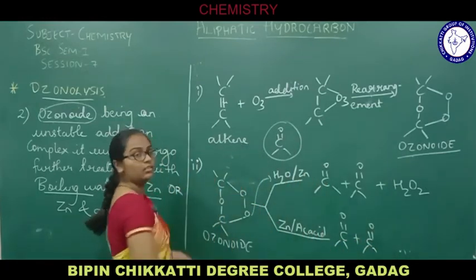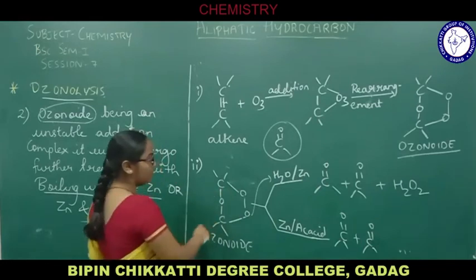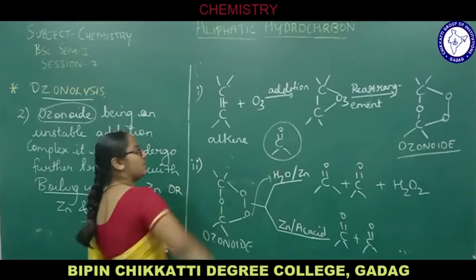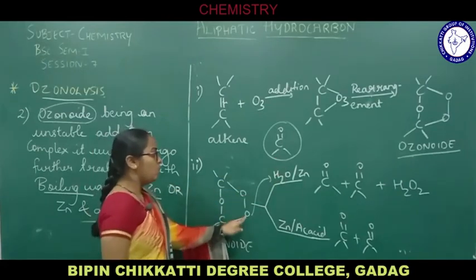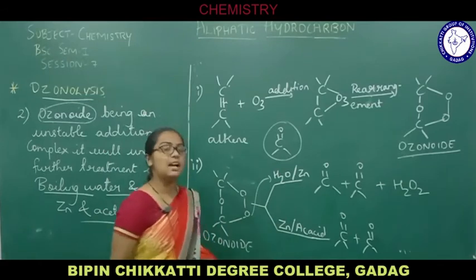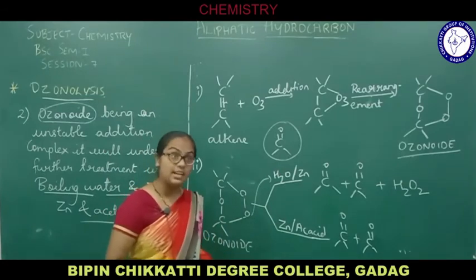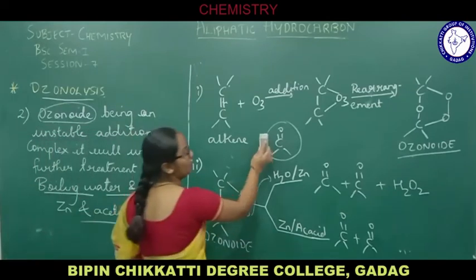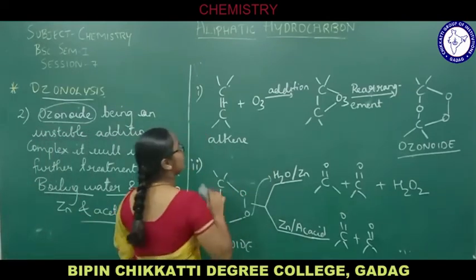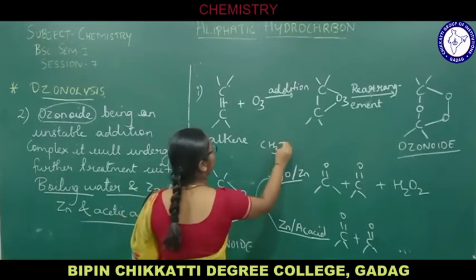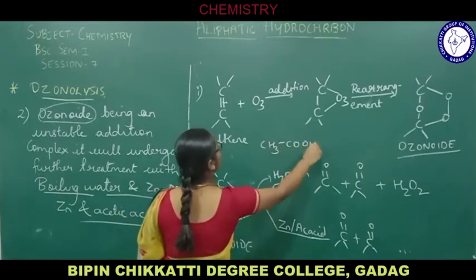The cleaving, the breaking of bonds, takes place in such a way that two carbons along with two oxygens get separated out. Acetic acid has the formula CH3COOH.